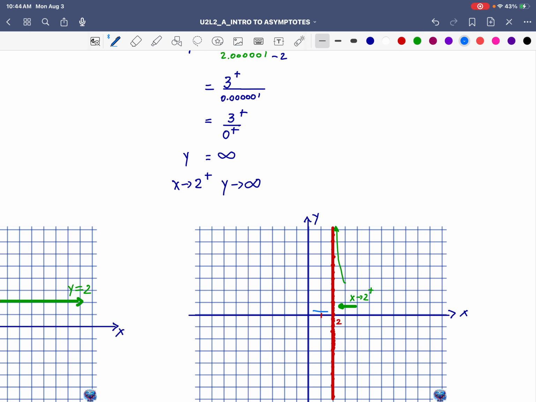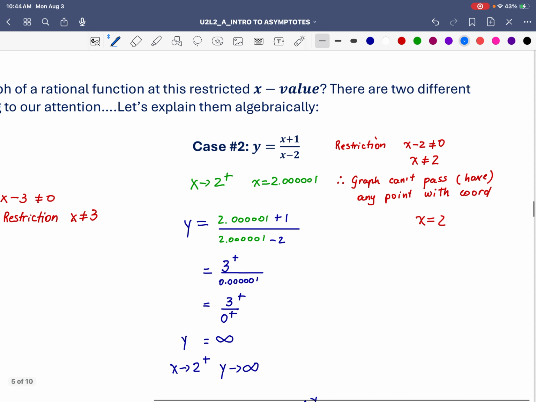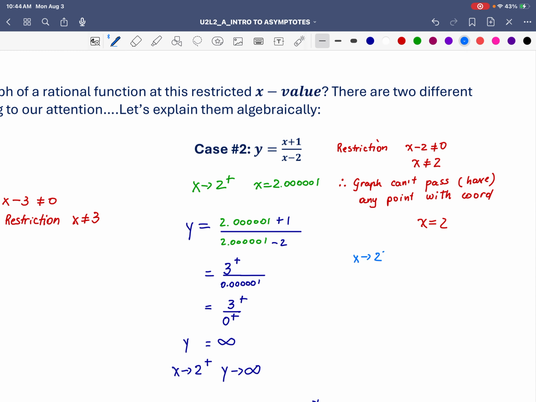Now, what happens when we approach 2 from the left-hand side? It means that x is taking values of 1.99999. The values of y in the function will become 1.99999 plus 1, divided by 1.99999 minus 2.